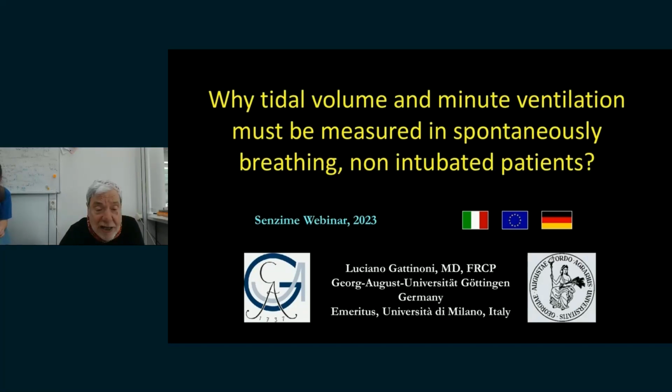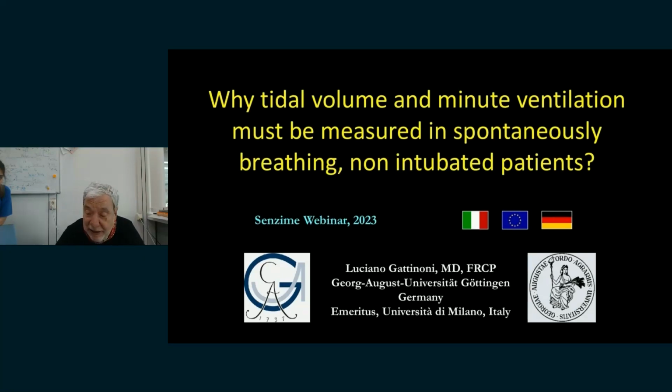Now, my dear colleagues, tell me, what do you monitor when you have a patient in spontaneous breathing? During mechanical ventilation we monitor almost everything. We know the pressures, we know the volume, we know the name of the patient, we have the pulse oximeter, we have the PCO2, we have the end-tidal CO2.